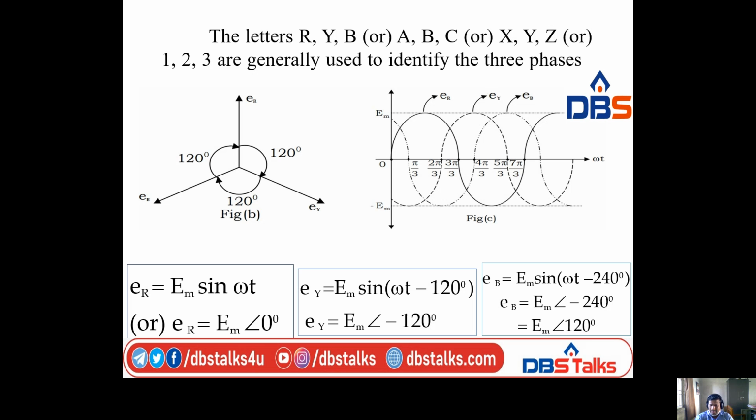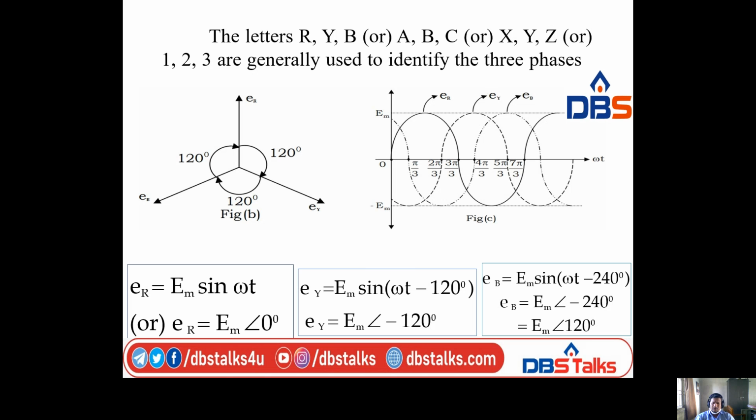So that is the 2 pi by 3. This dotted line gives the 2 pi by 3, from 0 to 120 degrees, and at that point EY will start.